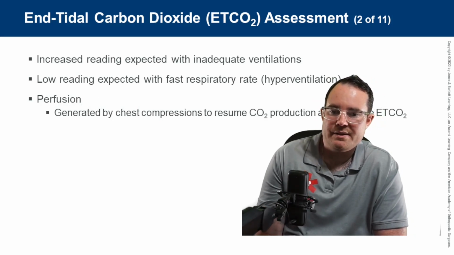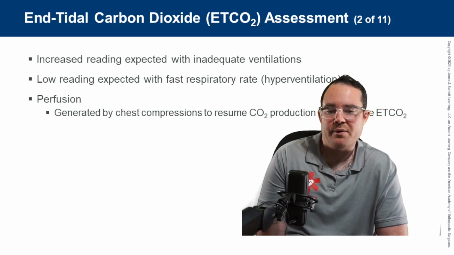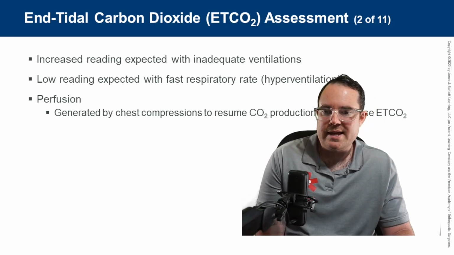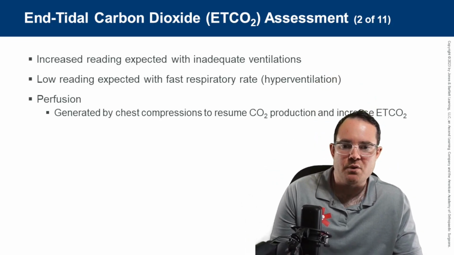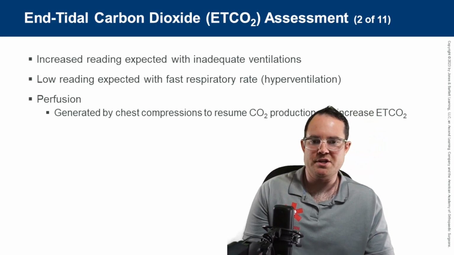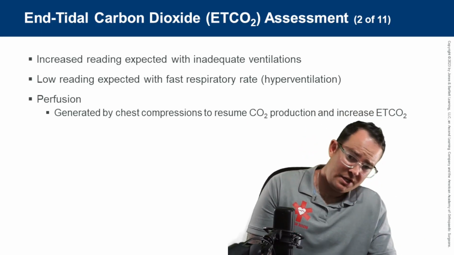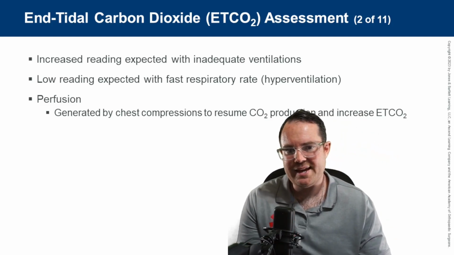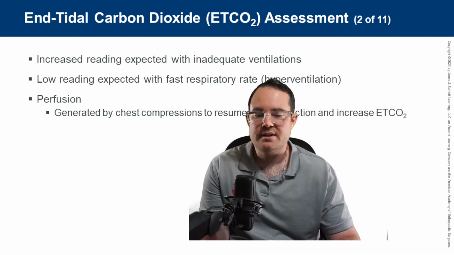Increased reading expected with inadequate ventilations. We talked about that with hypoventilating. It states low reading, expect fast respiratory rates in hyperventilation. And then it says perfusion generated by chest compressions resumes CO2 production and increases end-tidal capnography.